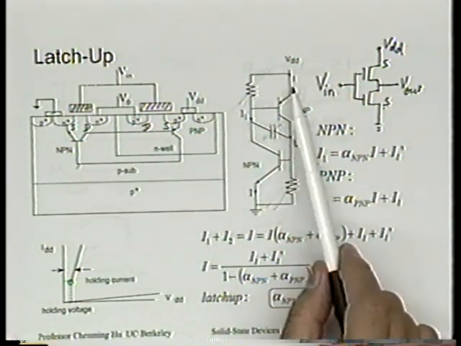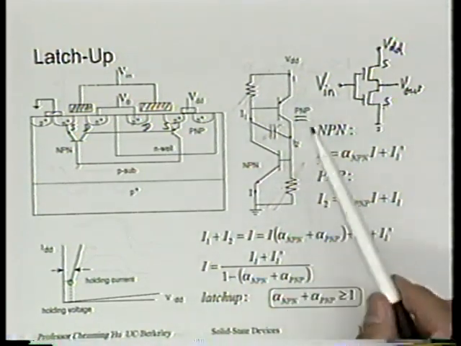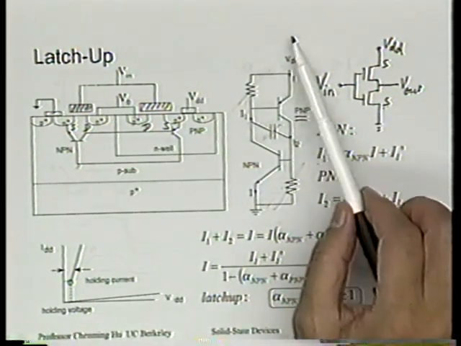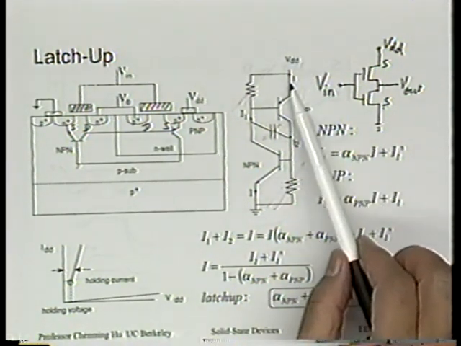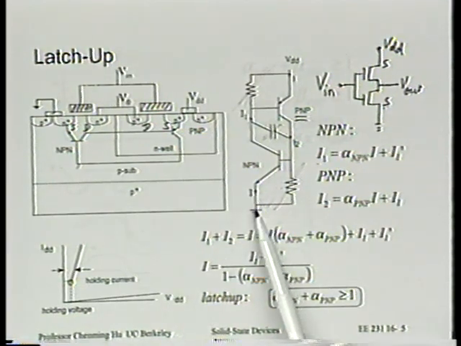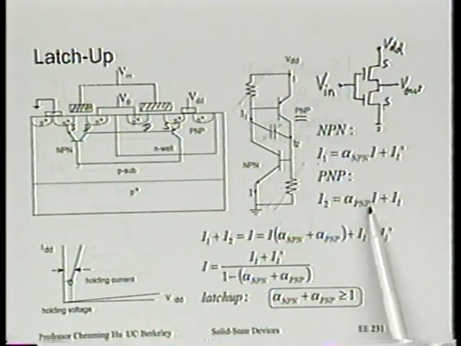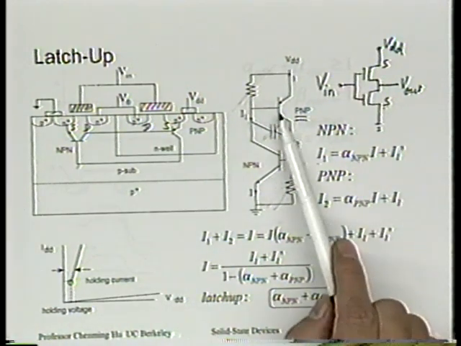We call that I because according to Kirchhoff's law, or current continuity, whatever flows from VDD into the circuit, I, must be equal to the current flowing from the circuit into the ground, which is I. So these two I's are the same I. Again, we also carry a very small leakage current for that reverse biased collector junction.